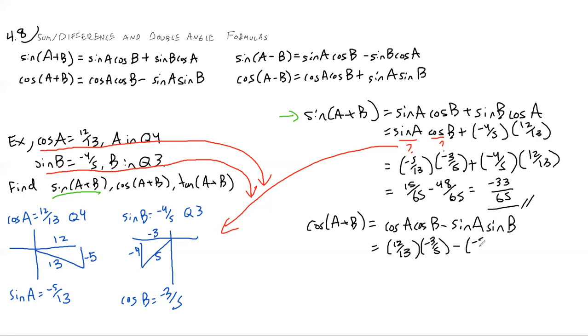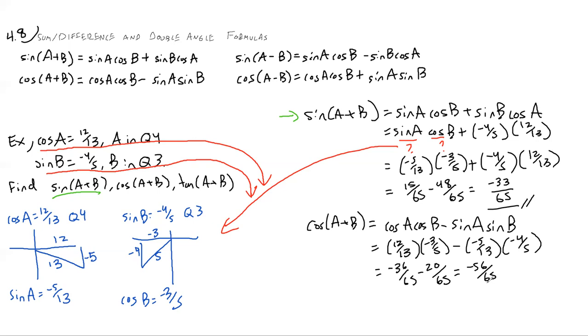Sine A is negative 5 over 13. Sine B is negative 4 over 5. So I get negative 36 over 65 minus, it's a triple negative, so minus 20 over 65, which is negative 56 over 65.